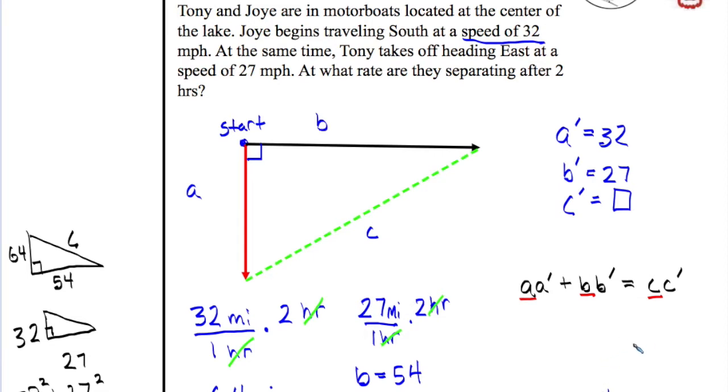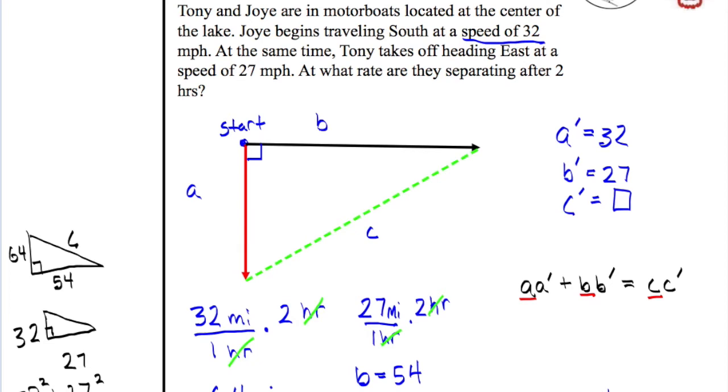All right. And so that means plugging in, I think I'm going to have to plug in on the next slide. So plugging into my equation, A prime plus B prime equals C prime.